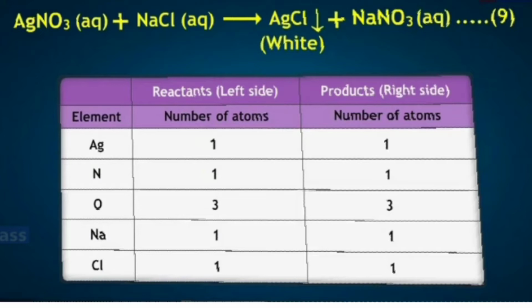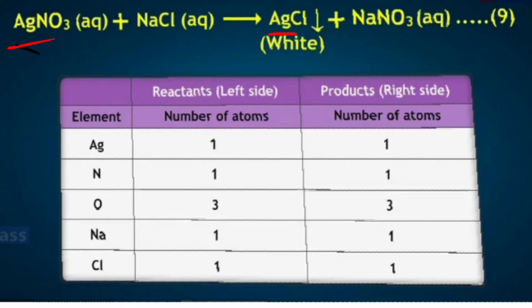Now observe the number of Ag atoms in the reactant part. We have Ag 1 here, and at the product part it is 1 only, right? So 1 here, 1 here.